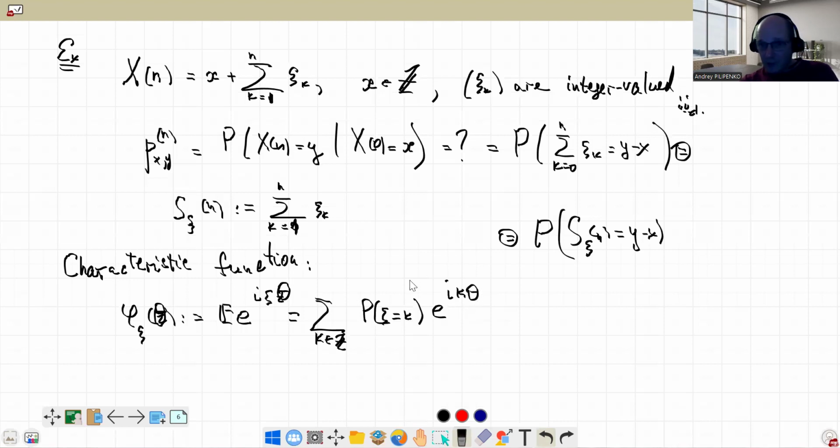And this is a Fourier series. By the way, if xi is integer valued, then this function is periodic, and the period is 2 pi.